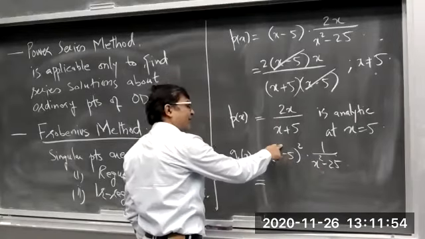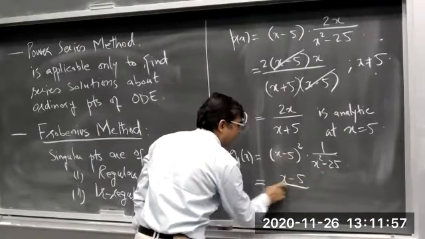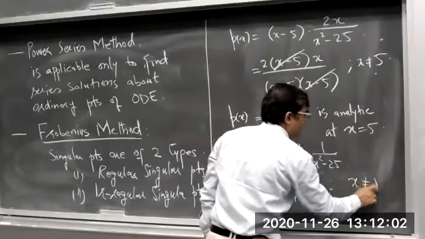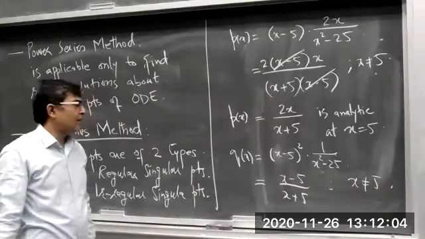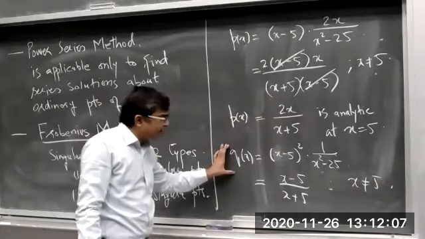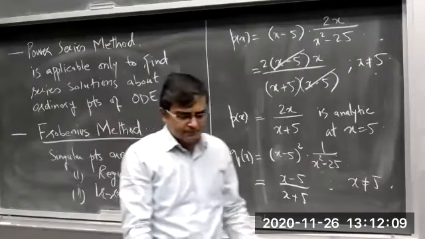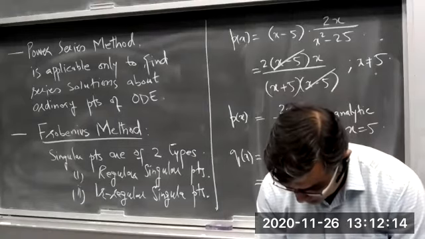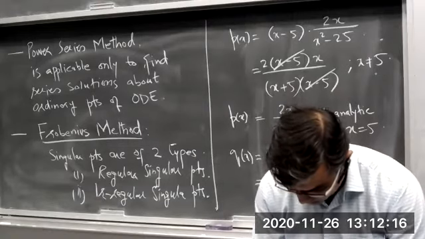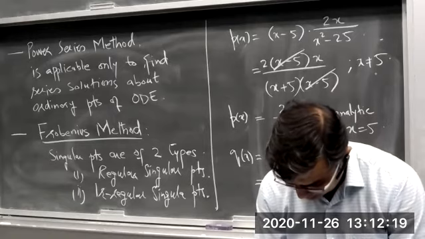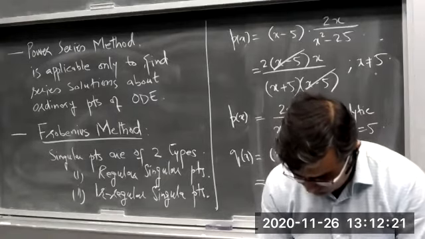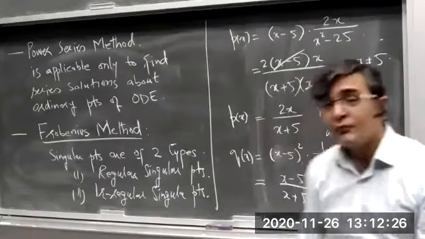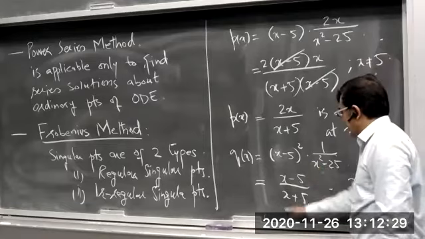X minus 5 cancel हो जाएगा and we obtain x minus 5 over x plus 5, ठीक है, where x is, you can say, not equal to 5, ठीक है. Now q of x is basically what? Is it analytic at x equal to 5? Yes, it is analytic at x equal to 5.